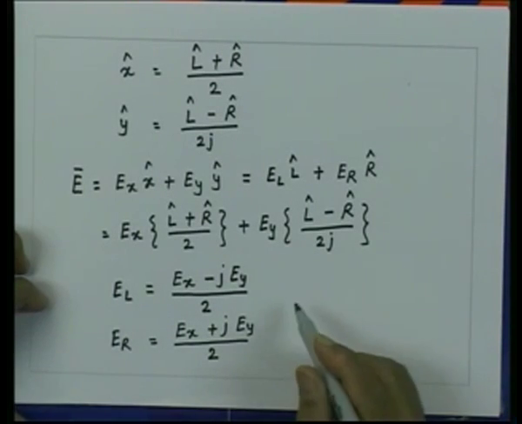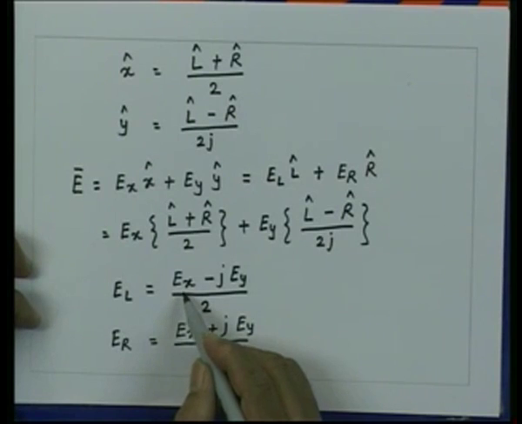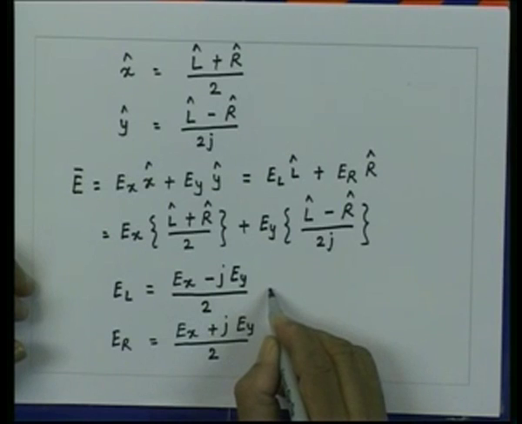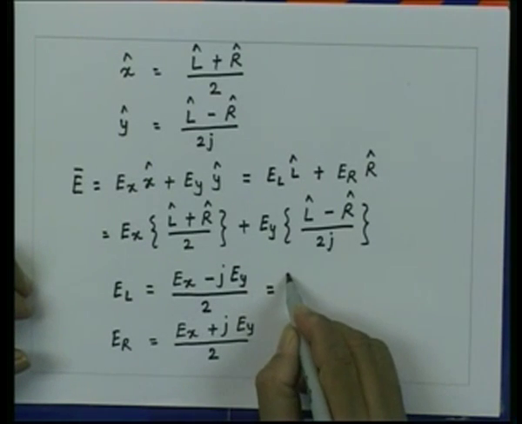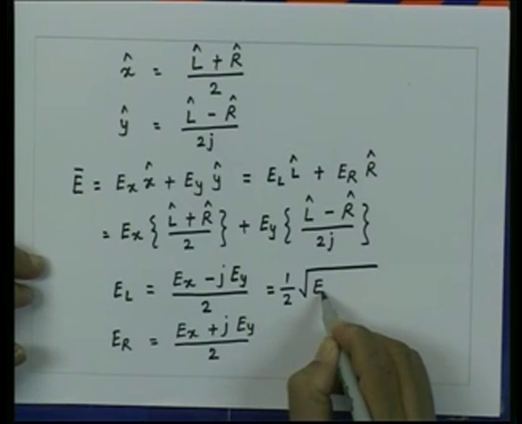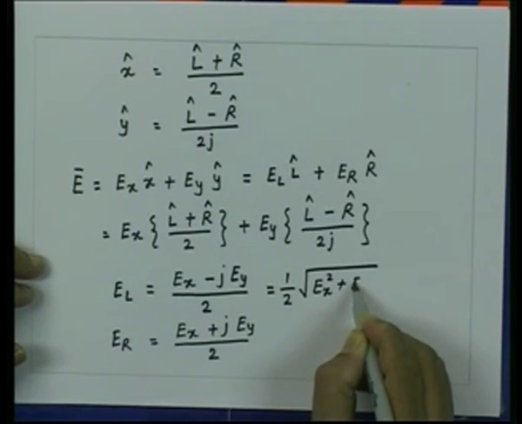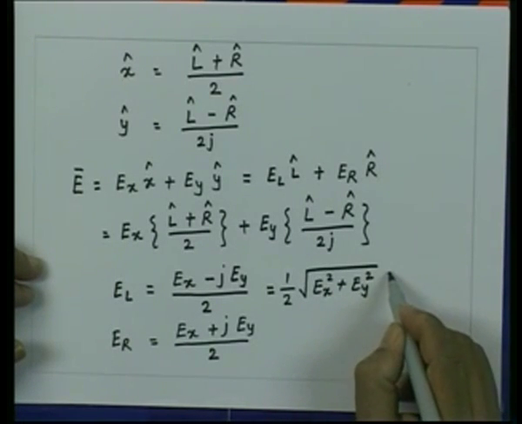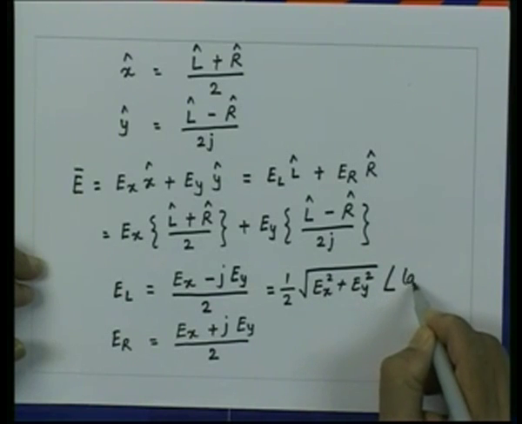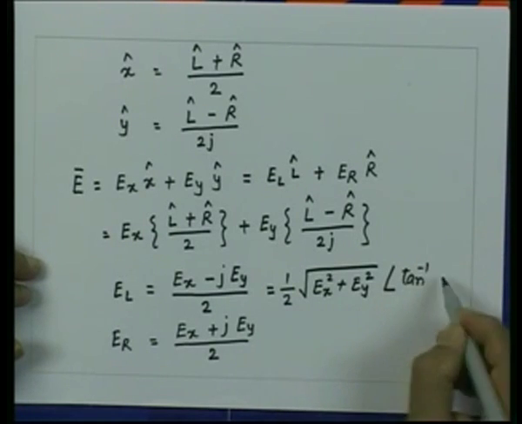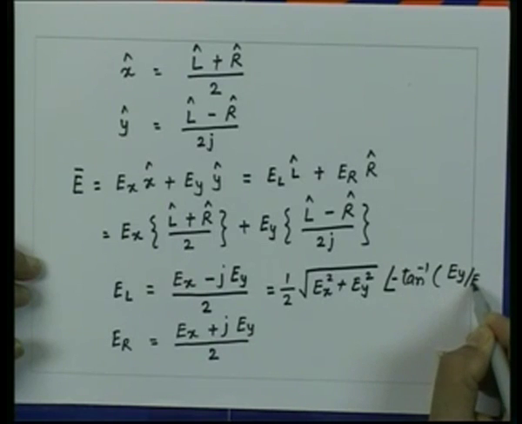So, without losing generality, we can take E x and E y to be real, and then one can write this as half square root of E x square plus E y square, and angle will be tan inverse of minus E y upon E x.